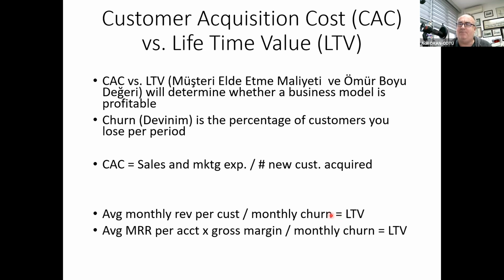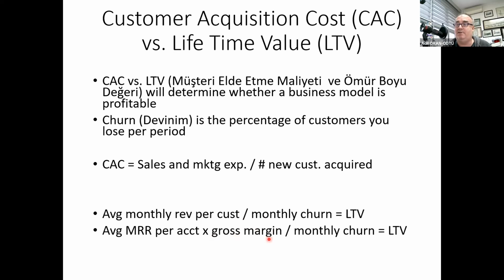In other cases, if it's not software, then rather than the monthly revenue per customer, you might want to use the average monthly recurring revenue per account multiplied by the gross margin. So taking out the cost of providing that good or that service.